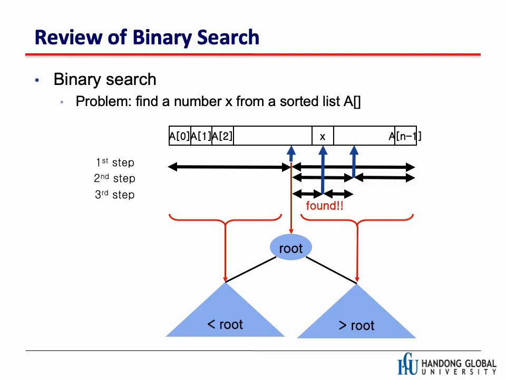We can keep doing this until we find our target. Or, if we meet a leaf node and it is not our target number, then we don't have that target number in this tree. So we will do this with the binary search tree. Binary search tree is a data structure for this kind of purpose.